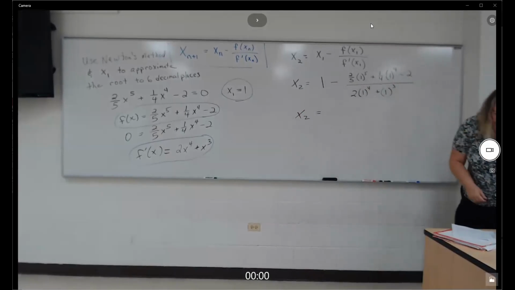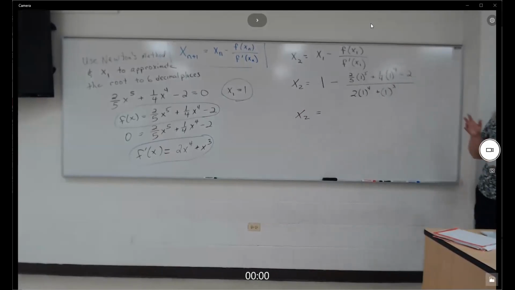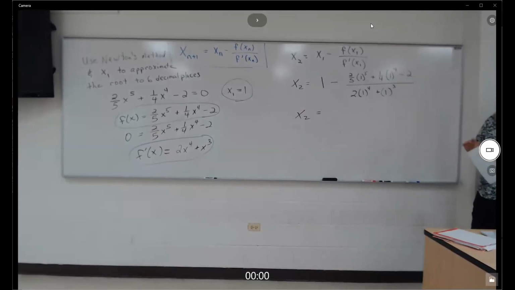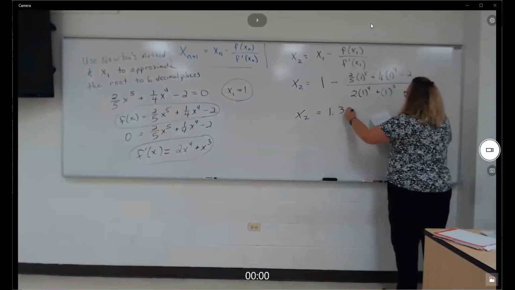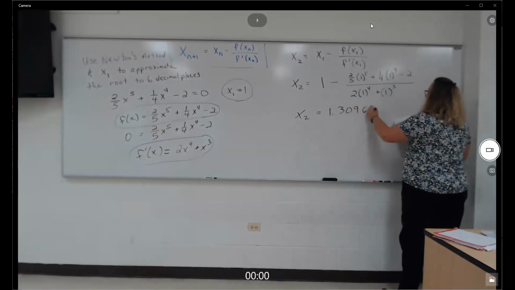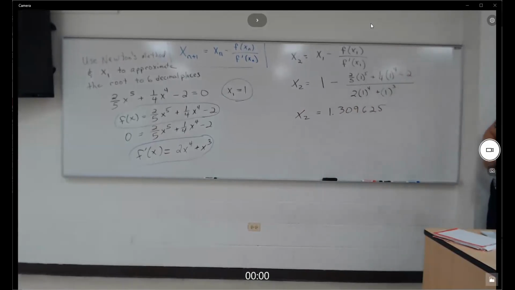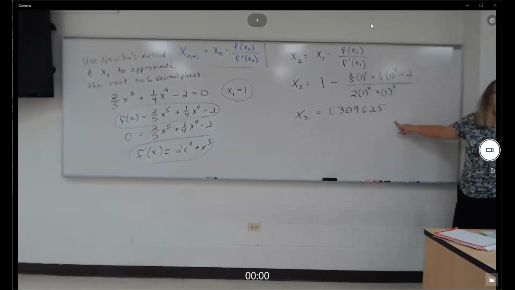But even this answer is crazy. All right, depending how you even do this, it doesn't turn out to be very nice right away. It turns out to be something like 1.309625. So now, if I want to do it again, I got to use this whole number.